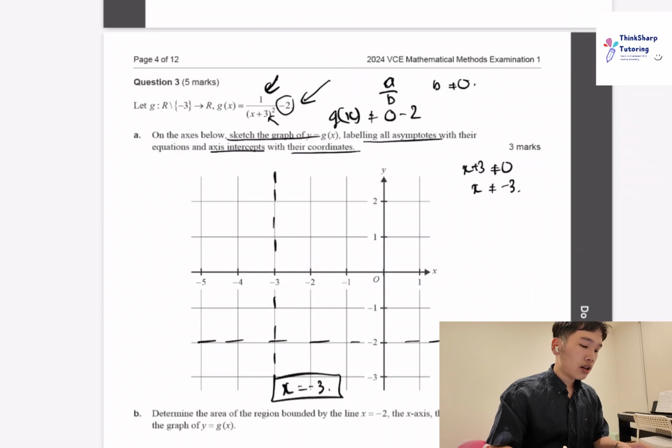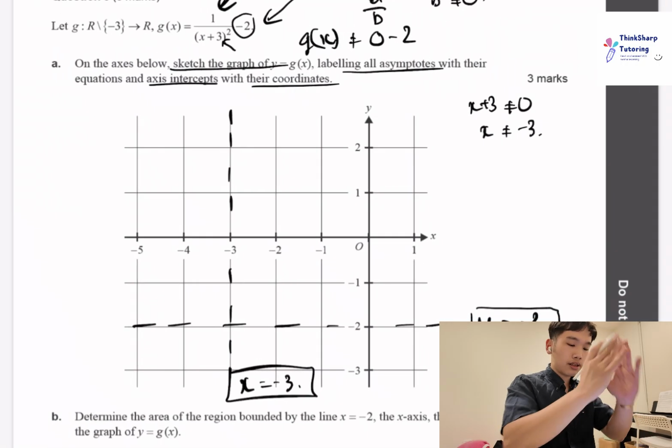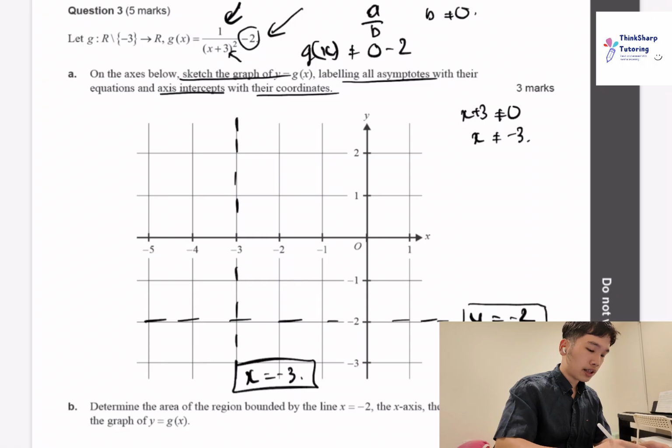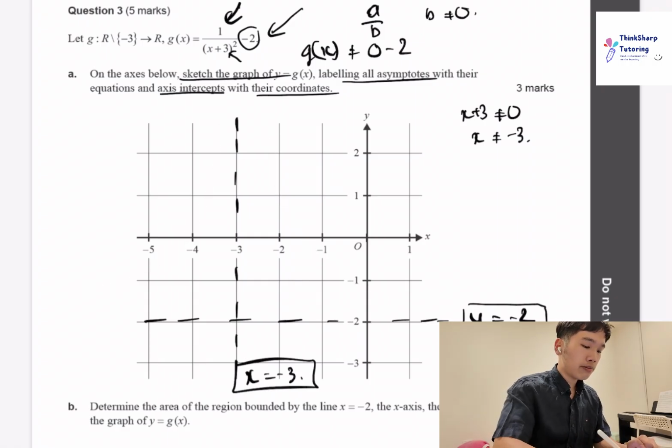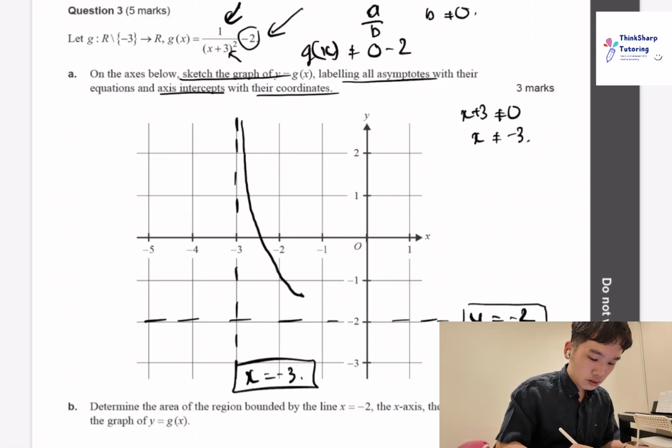So we know the truncus will look something like this. So we'll go like that, and that will go like that, right? But in Methods, what they look for is the shape where it approaches the asymptotes. So it has to look something like that. And when you go like this, it has to approach. Make sure that you don't go like that.